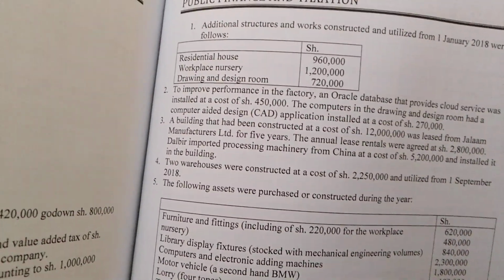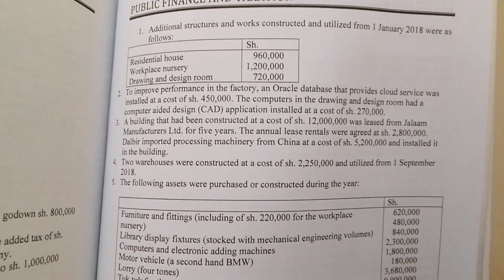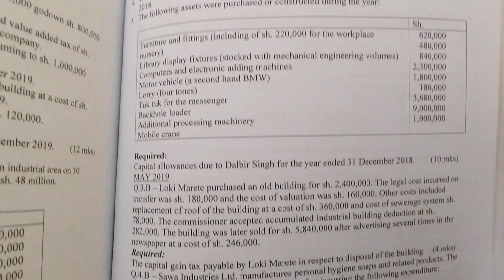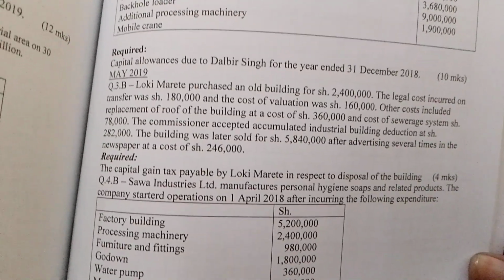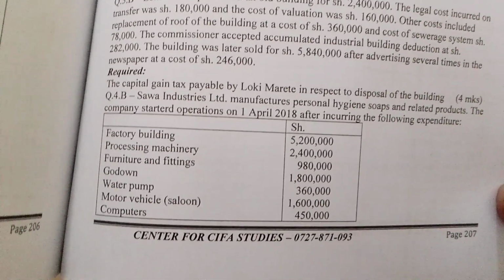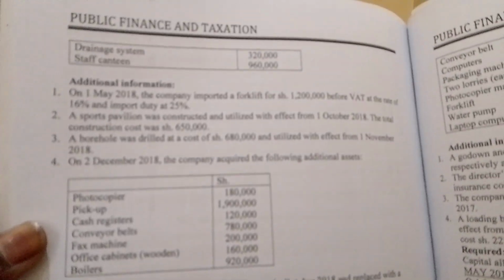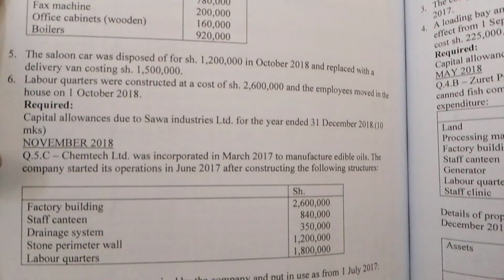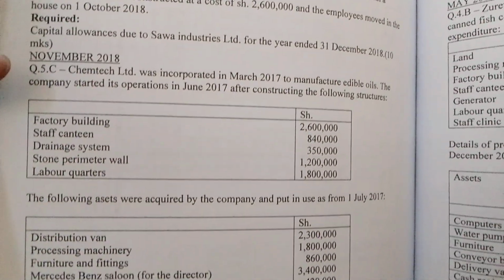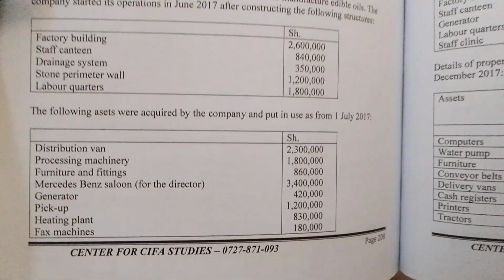If you want more questions for your practice, you can check from there. May 2019, Loki Marete. All these are questions that you can attempt. You can find them from your past papers, but if you do not have a past paper, you just use the ones that I'm presenting to you. November 2018, question 5C, you can use them for your revision.